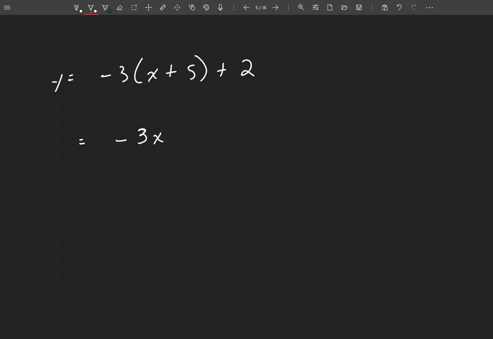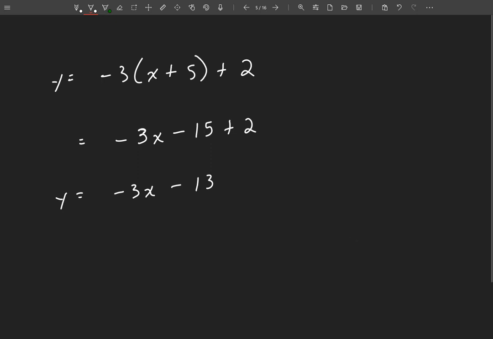Negative 3 times 5 is negative 15 plus 2. And now I'm going to simplify. Negative 3x. This is a negative 15 plus 2. The signs are different, so really I'm subtracting. So this is a negative 13. And that's it. I have turned this function up here in point slope form into slope y-intercept form.